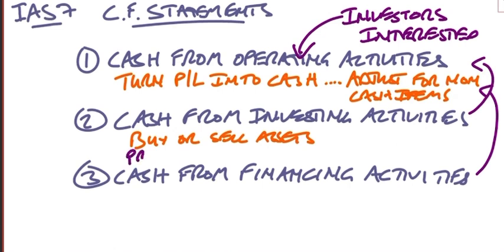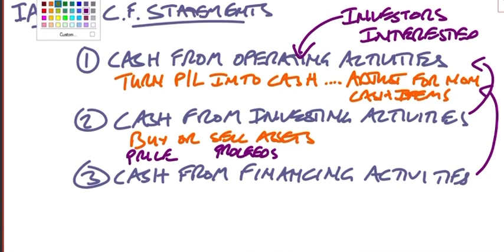So look for the price. If you sold it, well, then you're going to have some proceeds. And these items are going to go into cash from investing activities. And again, these are usually given to you pretty much on the exam paper. So they'll tell you they sold something, they'll tell you they bought something, or you might have to do a short working in order to get it.